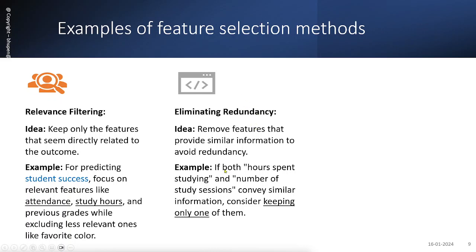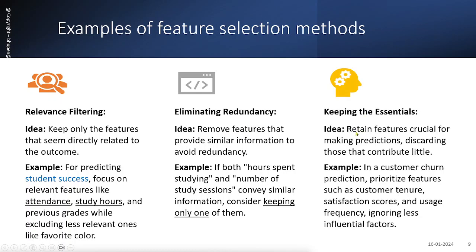For example, if you have two columns and they are collinear, and that means one column can be expressed as an equation of another column, then we can keep only one of them. That's one of the techniques that we use. We'll see how to detect those redundancies in the data set in the subsequent videos. And keeping the essential means you keep the bare minimum, or the columns which are really useful in predicting the outcome.